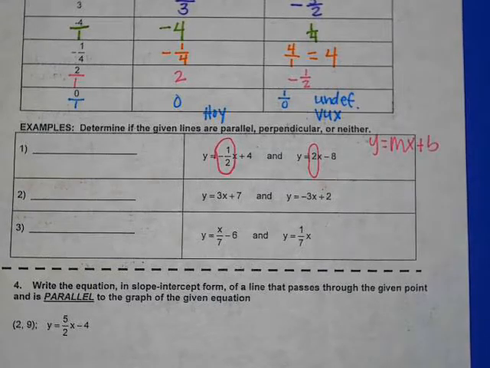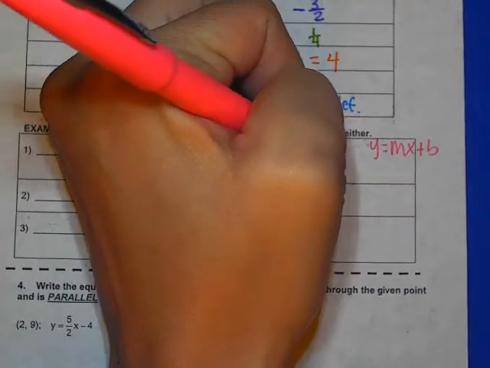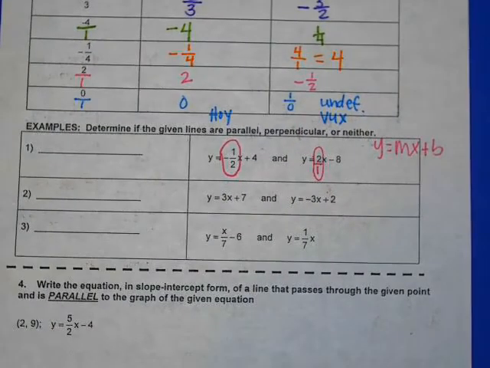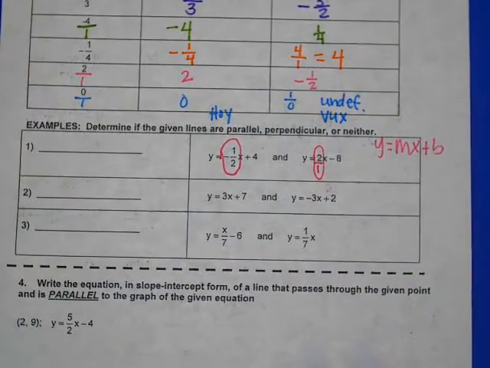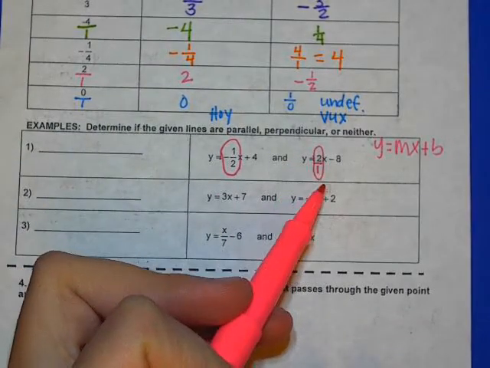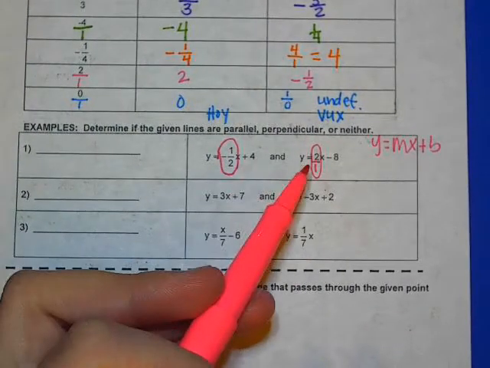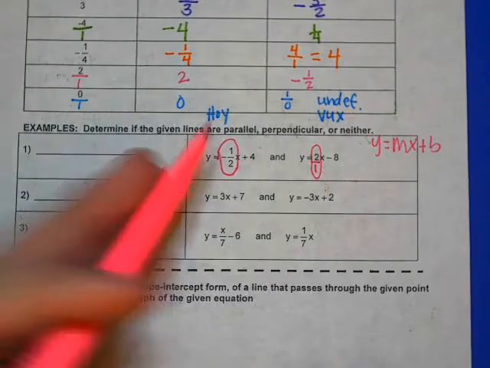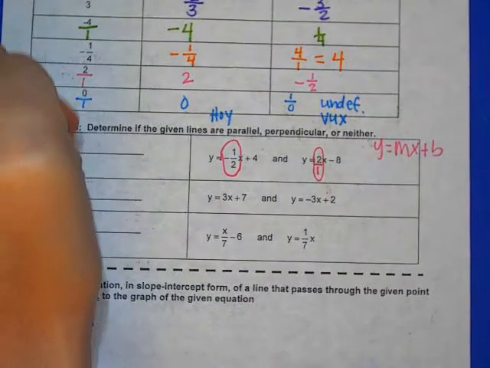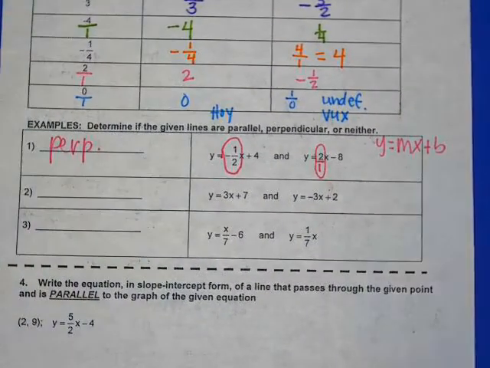How would you write 2 as a fraction? 2 over 1. Is the fraction flipped? Yes, 1 over 2, 2 over 1. Is one positive and one negative? Yes. So this is perpendicular.